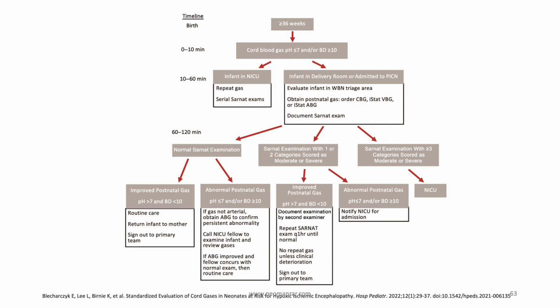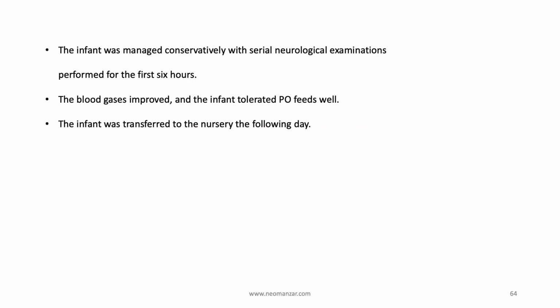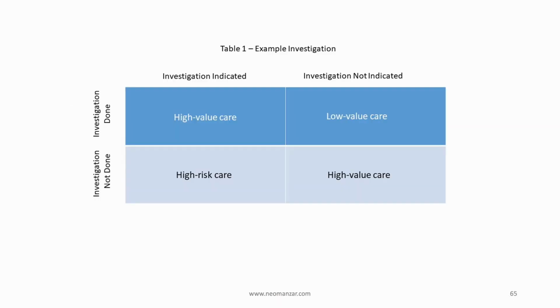The point I want to make is that cord pH is not a sole criterion to initiate therapeutic hypothermia. Just make sure you follow closely, and based on the scores, neurological assessment is the most important part in all these cases. This patient was managed conservatively, and the baby did okay.